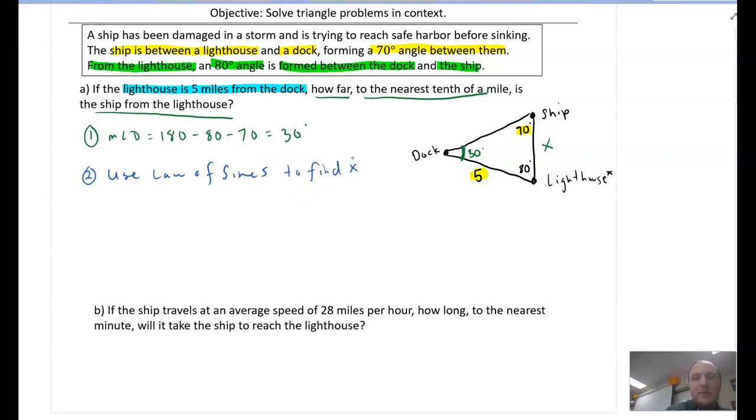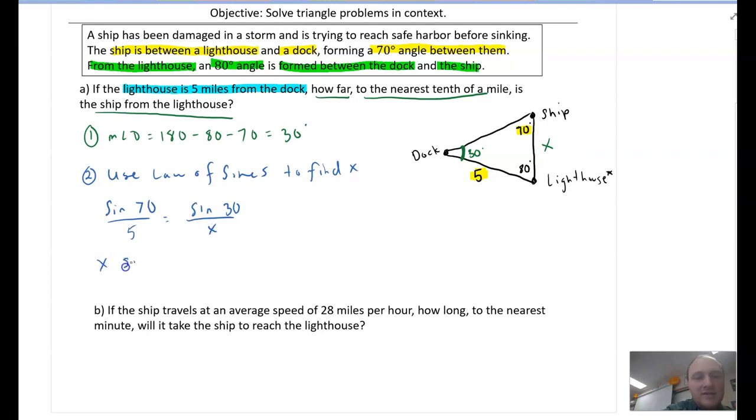That means sine 70 over 5 is equal to sine 30 over x. Let's solve this.